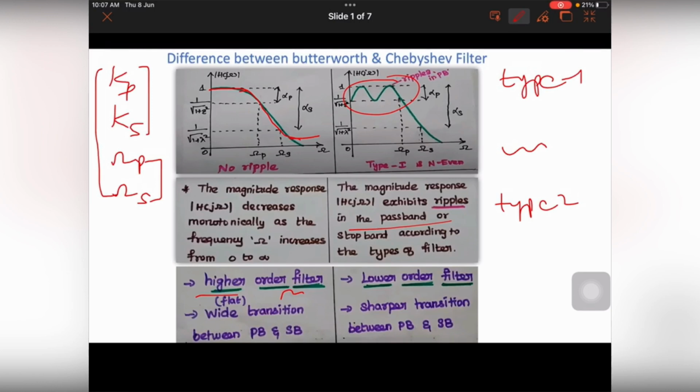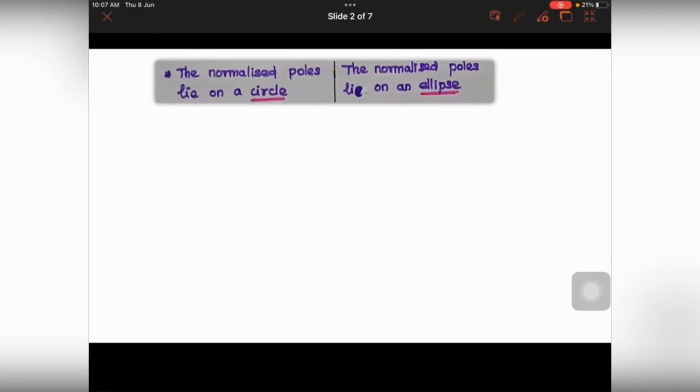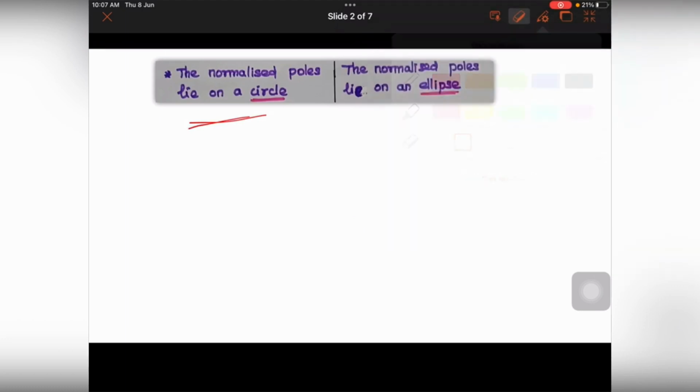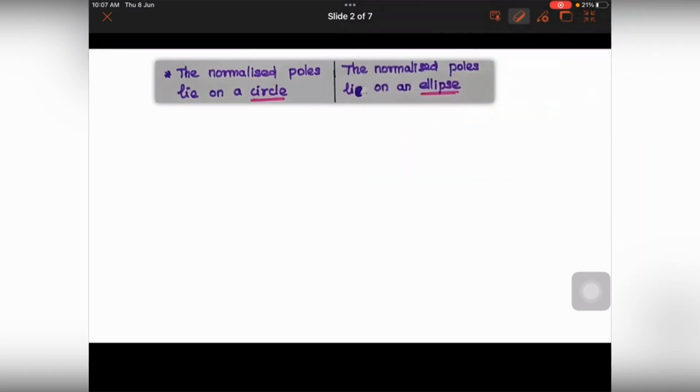This is also one of the differences. Next, in the Butterworth filter, the normalized poles lie on a circle, whereas in the Chebyshev filter, the normalized poles lie on an ellipse. This is also one of the major differences.